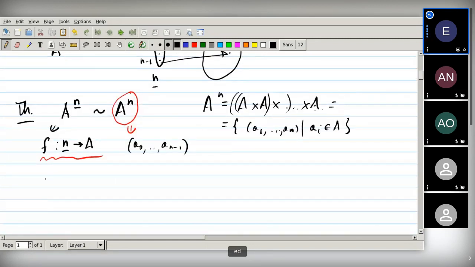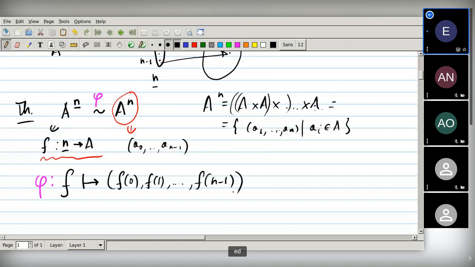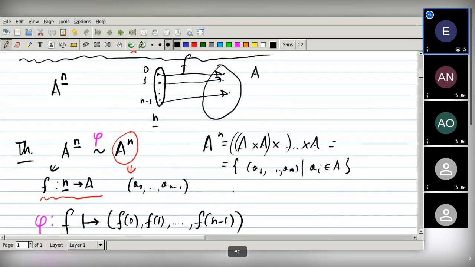And the idea of this correspondence is very obvious indeed. You can construct such a correspondence phi the following way. You map every function f to what? To the tuple of its consecutive values, f of 0, f of 1, and so on up to f of n minus 1. Is it clear? Yes. You can describe every such function.